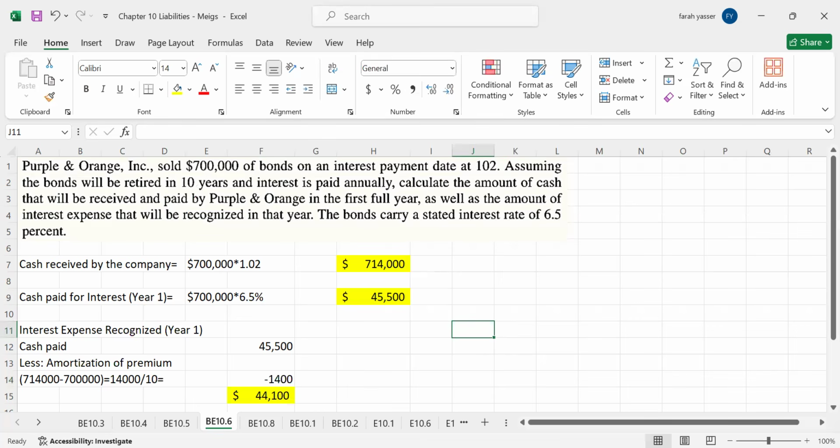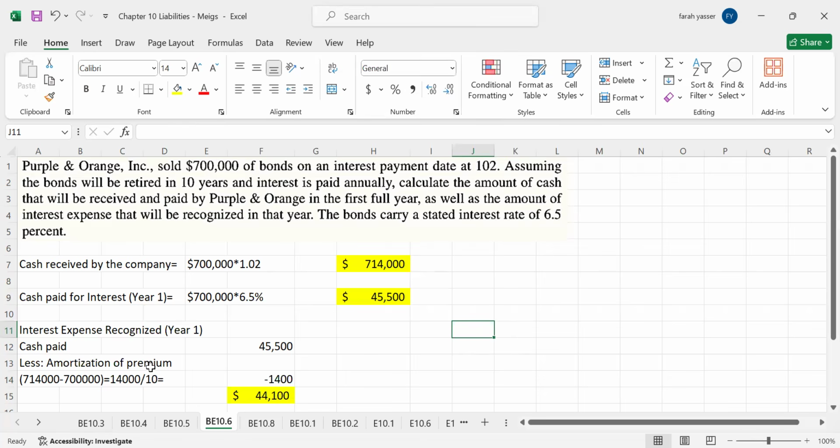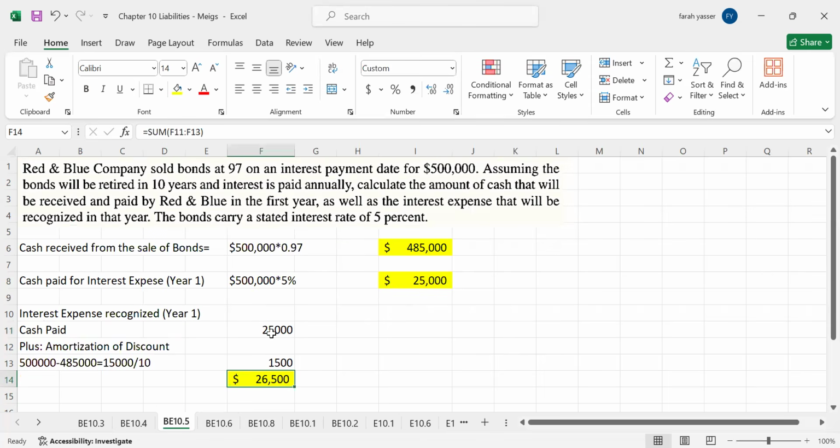Here we can compare it with the amortization of discount. We add the amortization of discount to the interest expense recognized, whereas in the case of premium, we deduct it, because the premium decreases the total amount of interest recognized, whereas the discount increases the interest expense recognized in the income statement.